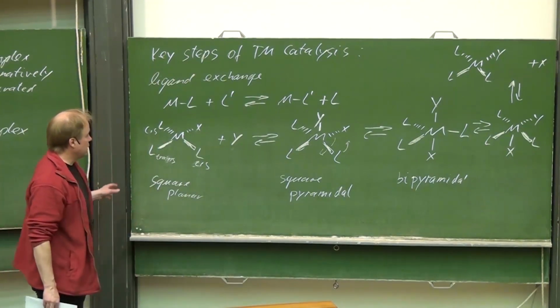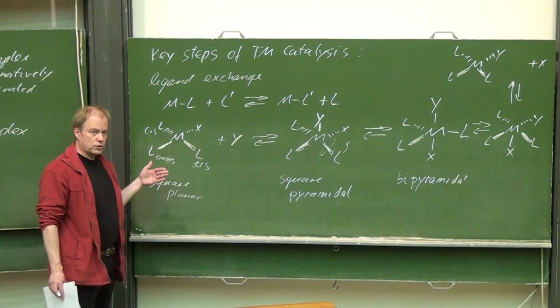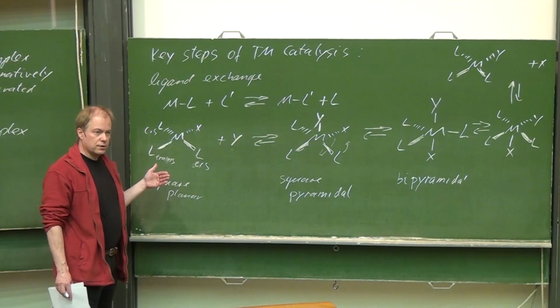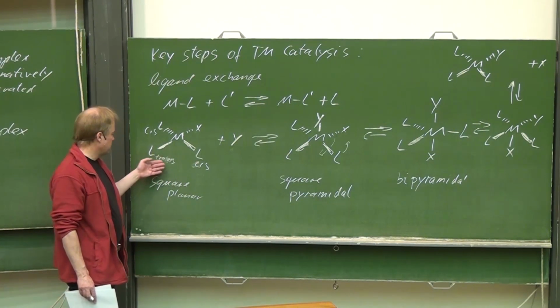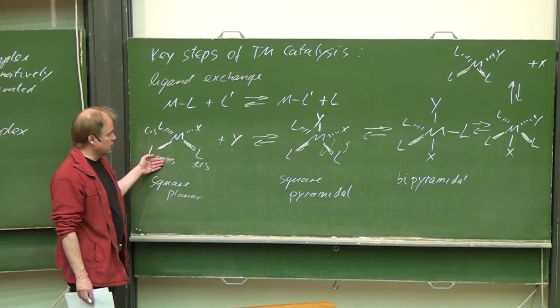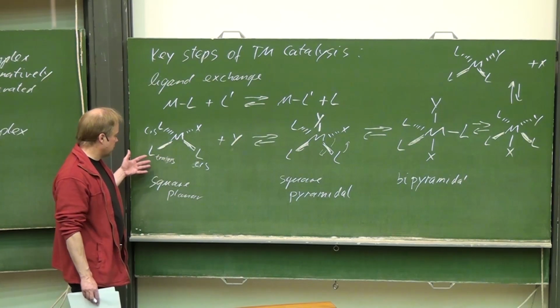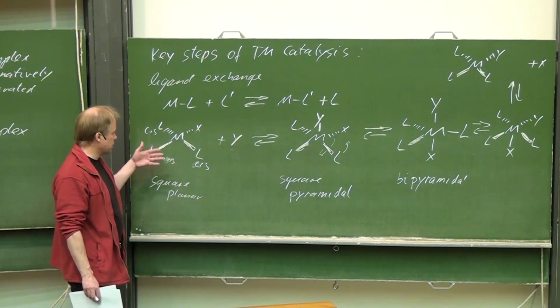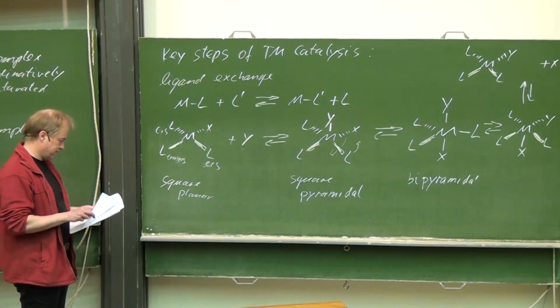Well, and you can imagine that those ligands, of course, have a significant influence on the reaction rate, especially the trans ligand is the one who is determining the reaction rate, and by applying the right ligand, you can indeed trigger the reaction rate of such processes.